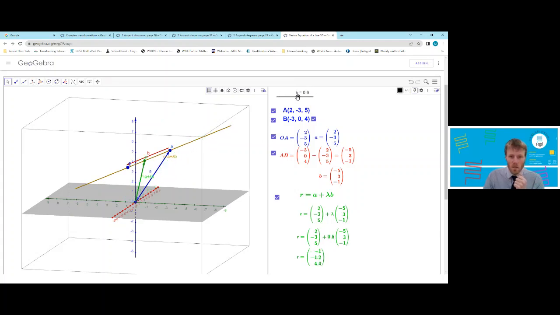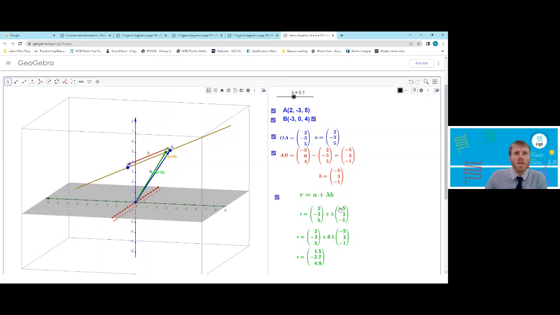There are a few things to note on the vector equation of a line. The first part of your vector equation, so this bit here where my mouse is hovering, is just any point on the line. There's loads of answers, isn't there? There's going to be a lot of positions on a line you could put there.